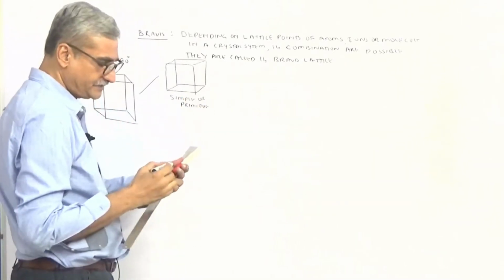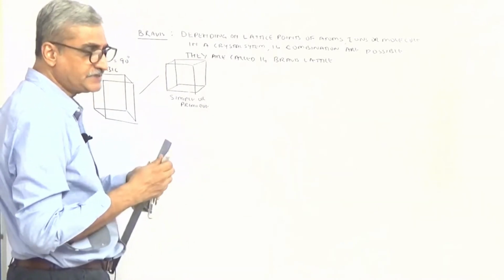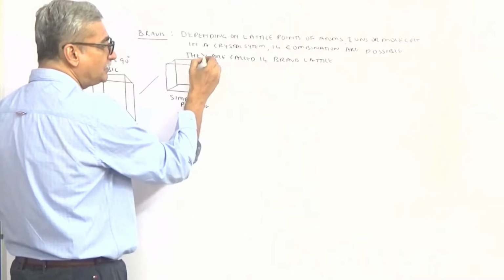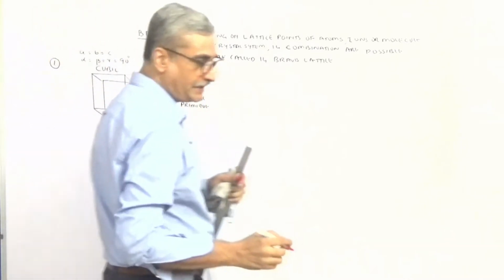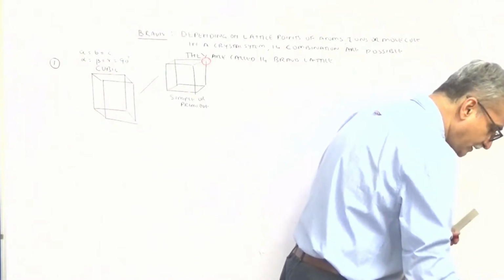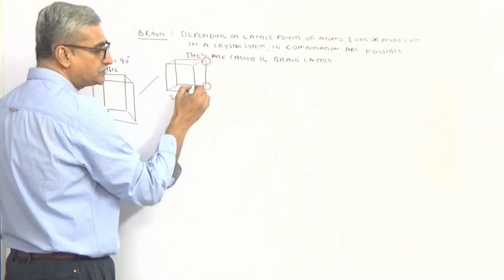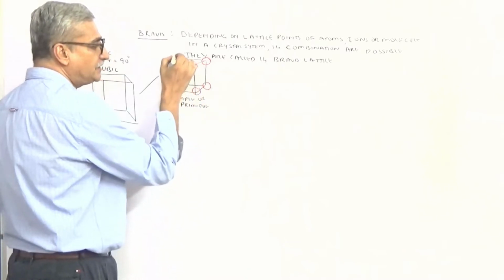What does it mean? It means in this case, the atoms, ions or molecules are present only on the corner. Is this point clear?